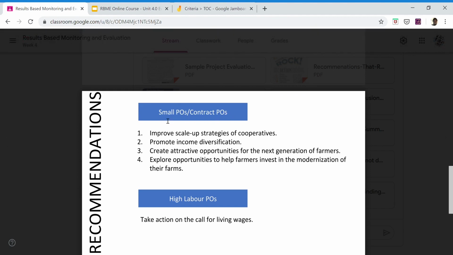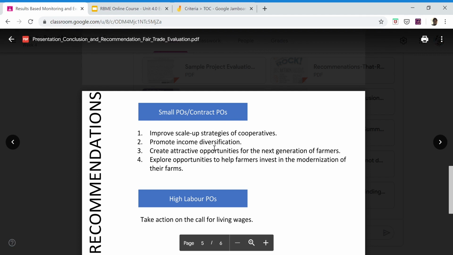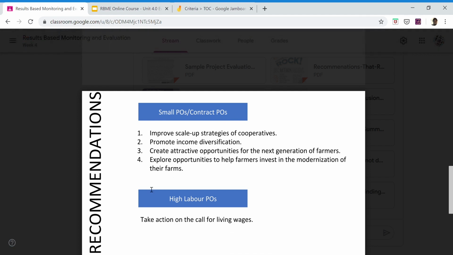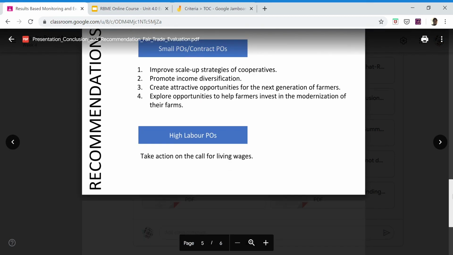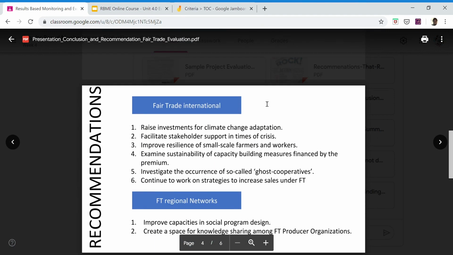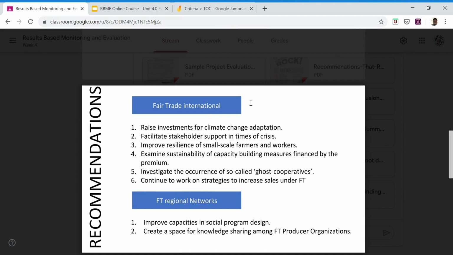So the small program officers, you can see the verbs, improve, promote this, create this, to high level project officers. The same way we did for donors. This is for Fair Trade International, who were the commissioners of this: raise investments, facilitate, examine.